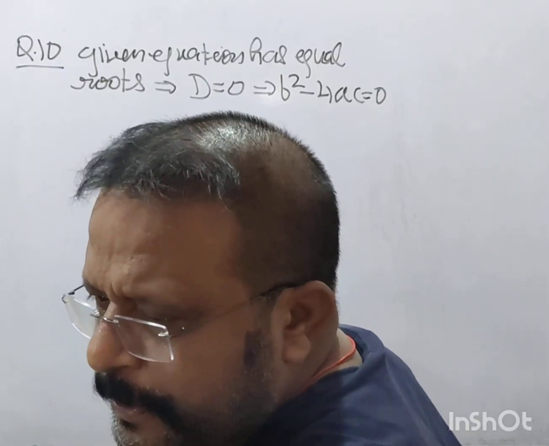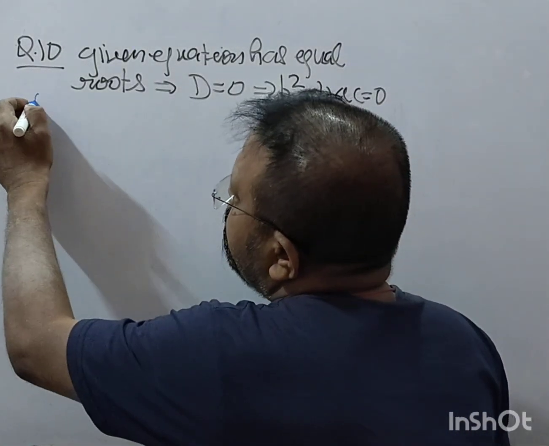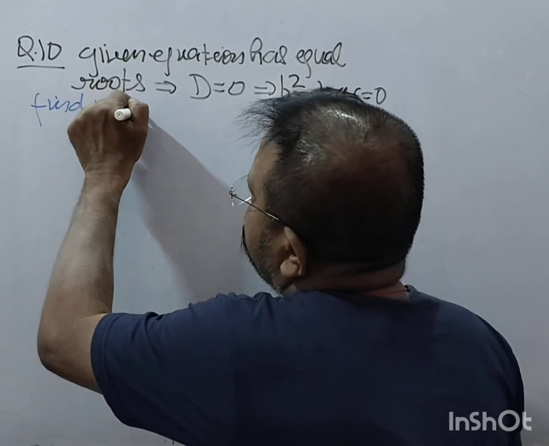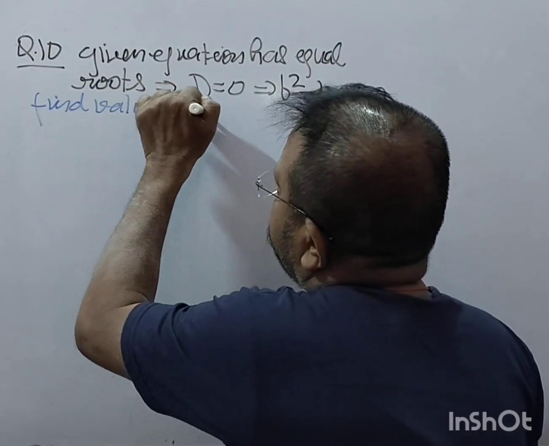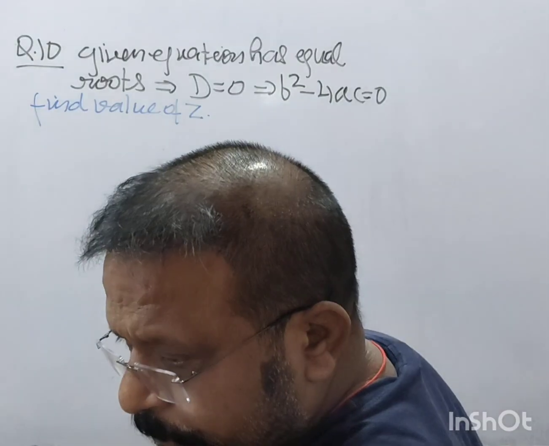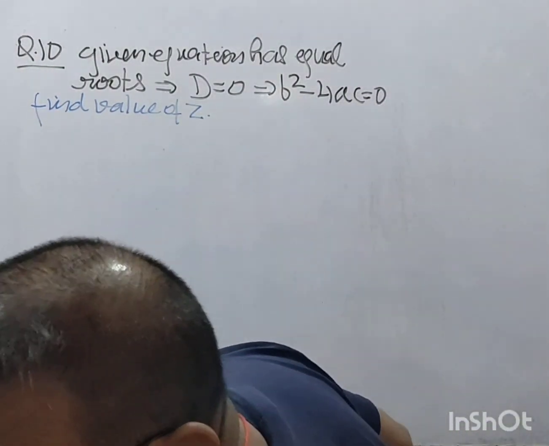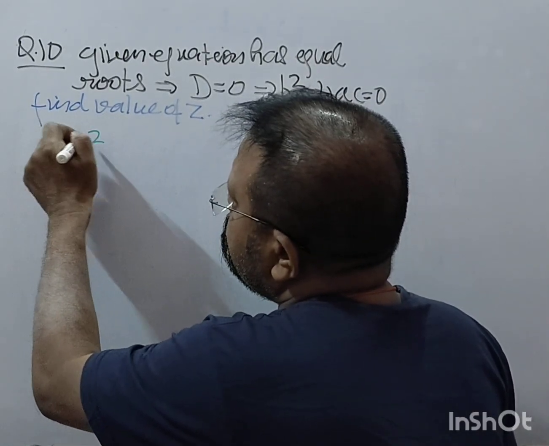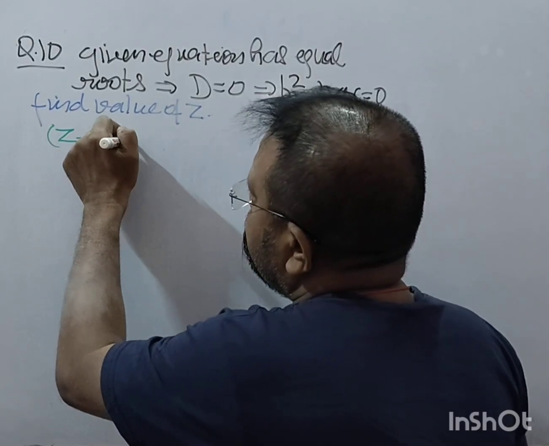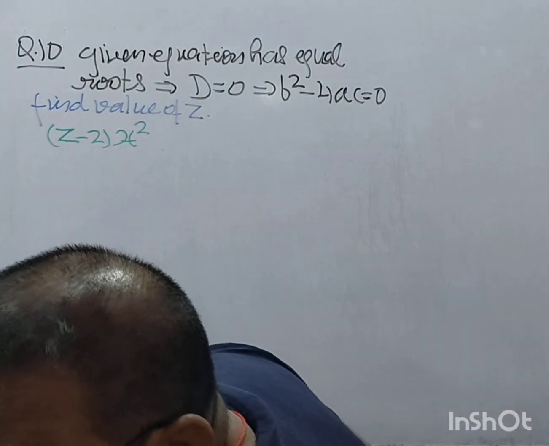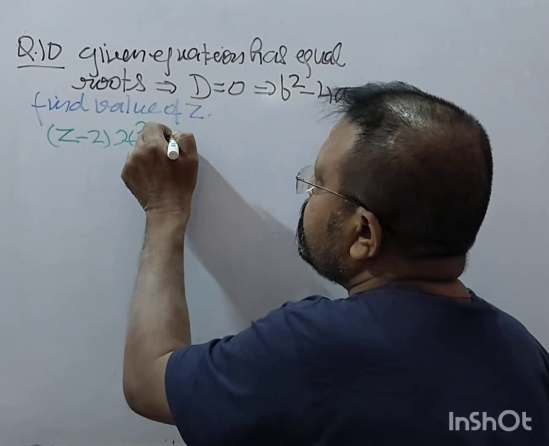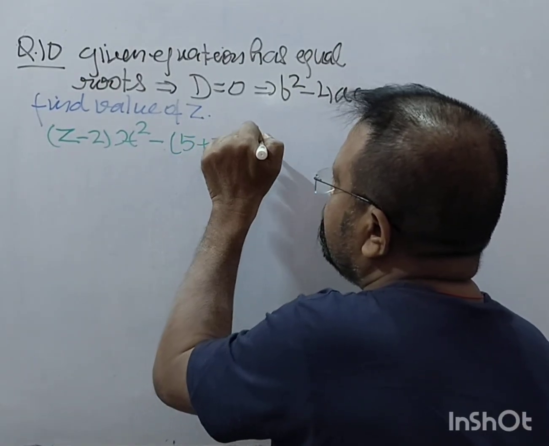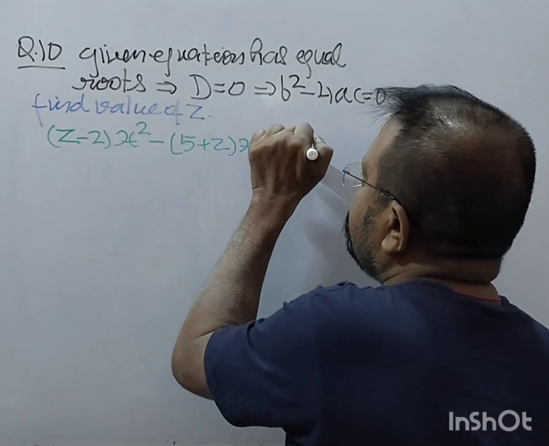And you have to find the value of z. And what is the equation? z minus 2 x square minus (5 plus z) x plus 16 is equal to 0.